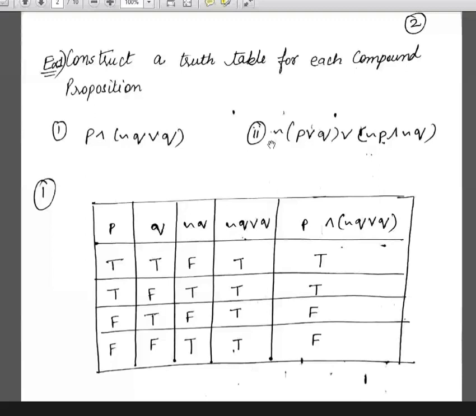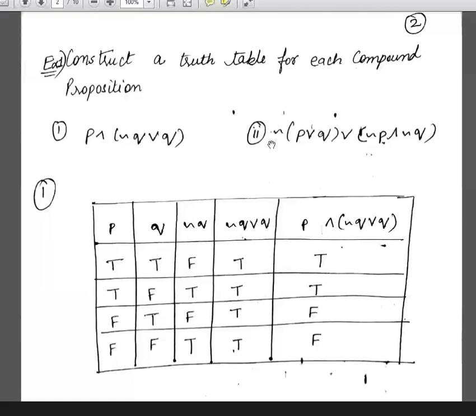Student Sri Varshana Gammagari, completed? Yes, sir. Just a second. Yeah, okay.